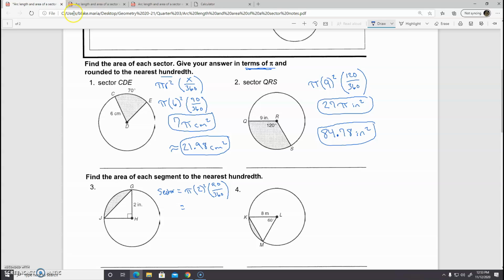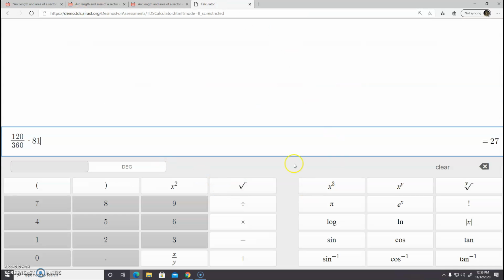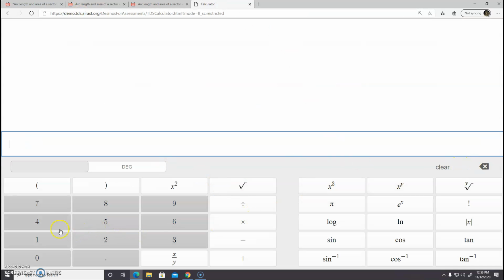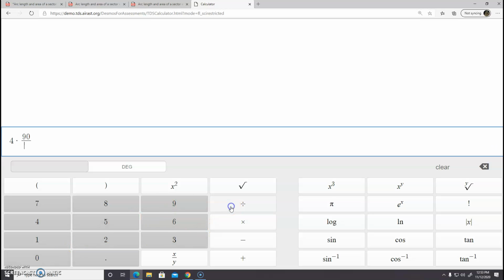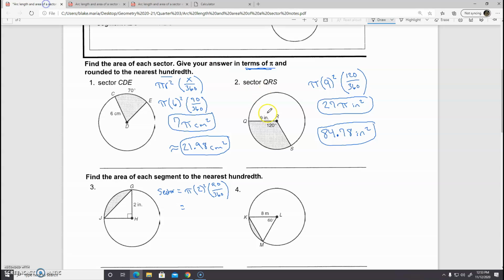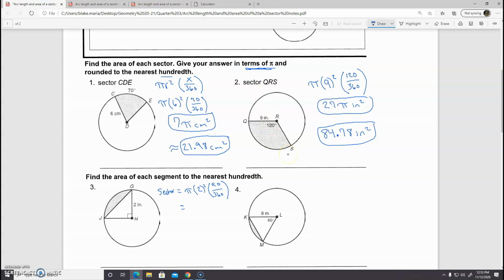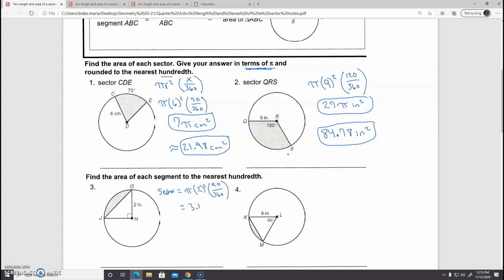We're going to type that in our calculator. 2 squared, which is 4, times 90 over 360. And I get 1 pi, which is 3.14. We're just going to write this as 3.14 inches squared. All right, so that's the sector.